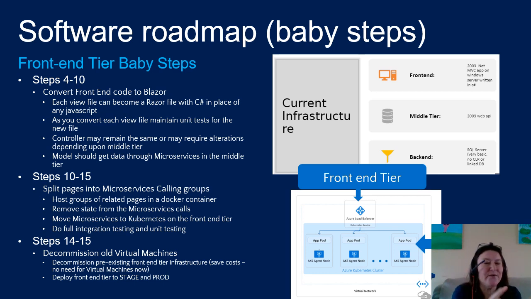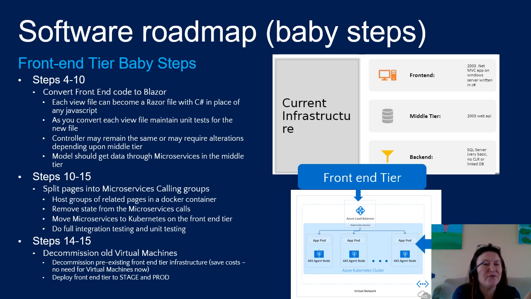As you convert each view file, you'll maintain some unit tests for the new file. Now you might use Selenium for the unit testing for a front end, for example. I think Cucumber and Gherkin and all those kind of things as well can be used. For each controller in your MVC architecture, for example, you may leave some of that as is with just some changes to Blazor in the middle tier, depending how it used to be done, or you may go to a completely Blazor server backend kind of architecture.